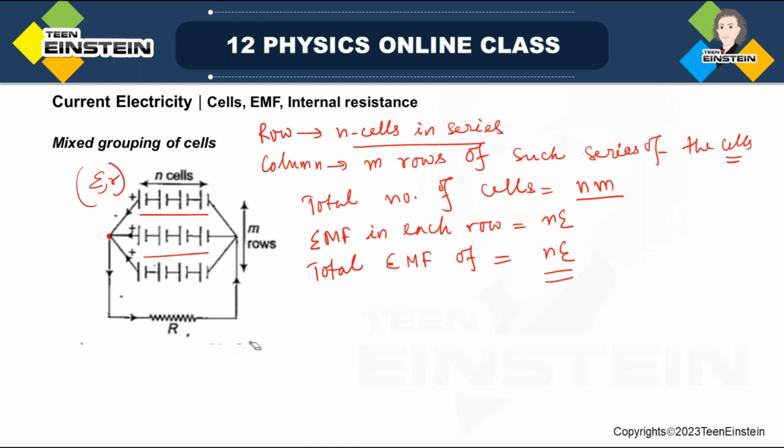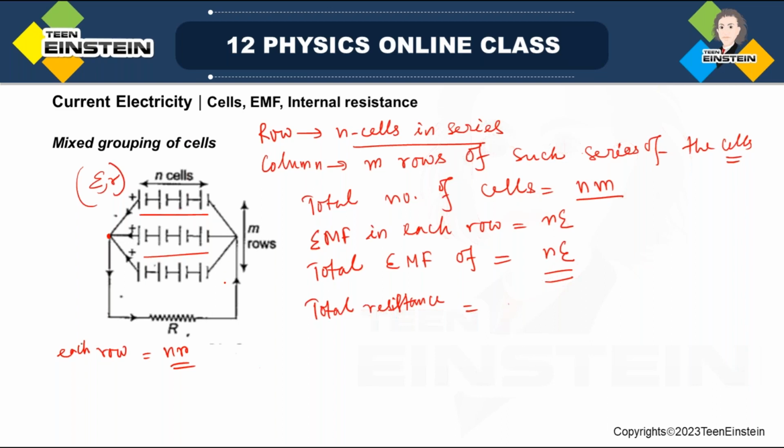So what will be the total resistance here? Each row contains N r, N into small r.